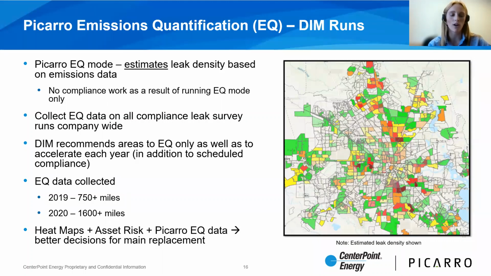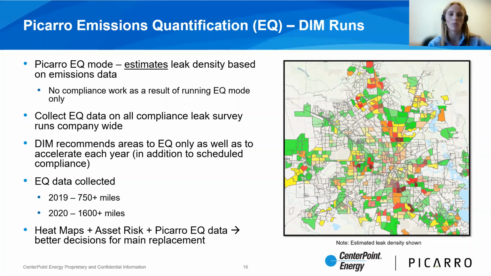So as we are running our compliance leak survey and our accelerated leak survey runs, we are also collecting this EQ data, which is very beneficial, and it automatically gets uploaded into this dashboard so we can see it right away. As a DIMP group, every year we look at all of these areas, and some areas, like I mentioned, are higher risk than others, and we want to look at those year over year.